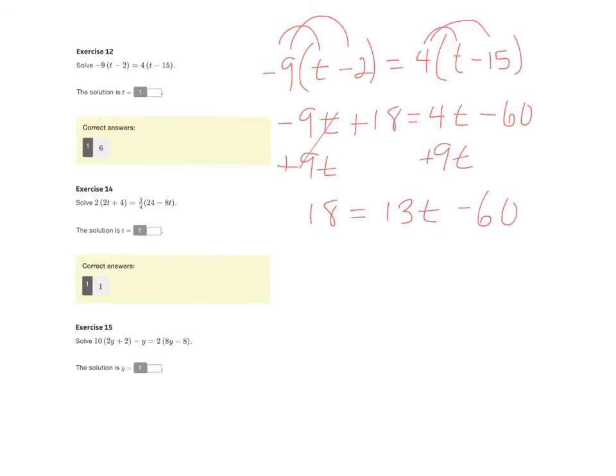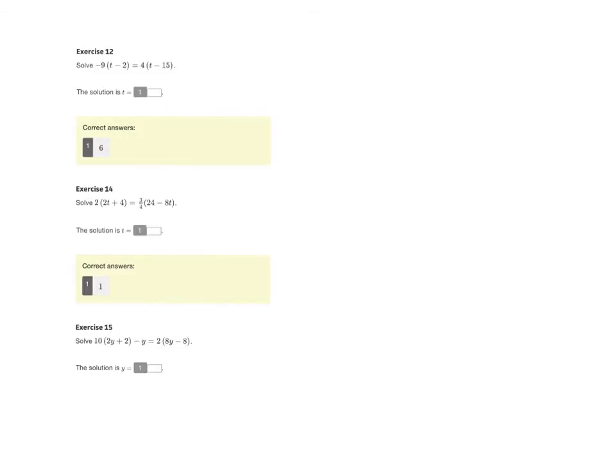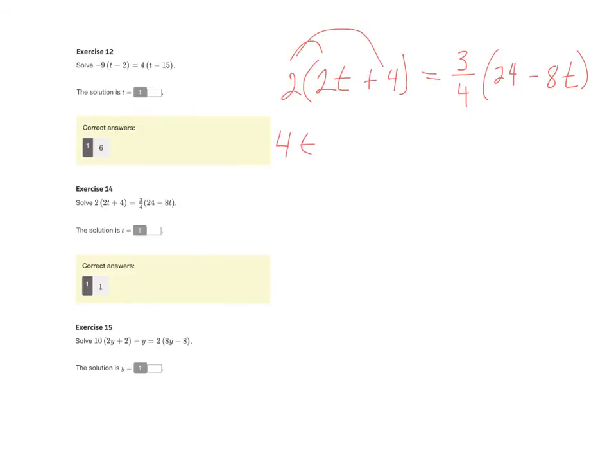Take a look at 14. 14, we've got 2 parentheses 2t plus 4, close the parentheses, is equal to 3/4 times 24 minus 8t. Alright, so distributing on the left-hand side, 2 times 2t is 4t. 2 times positive 4 is positive 8, is equal to 3/4 times 24.